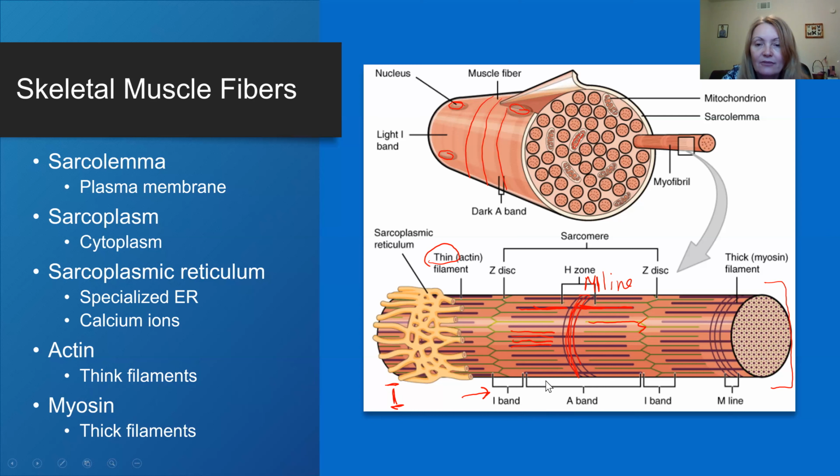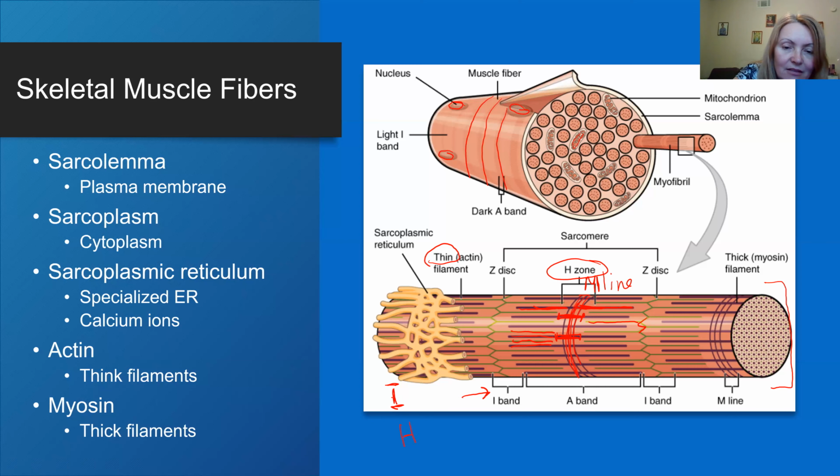Now you do have some area that has only thick filament, like look from this area to this, it is only thick filament, and it's called the H zone, right? How I remember it is that H is almost like 2 I's.